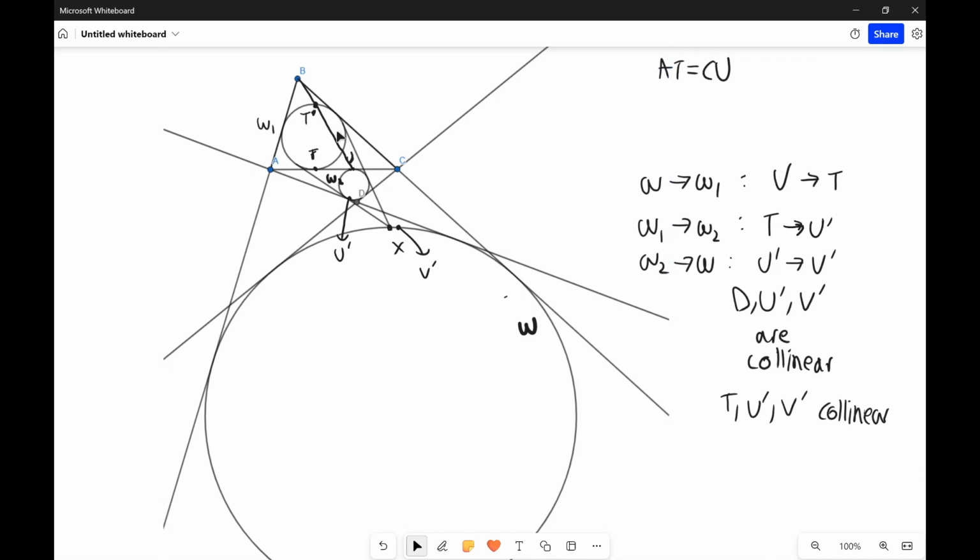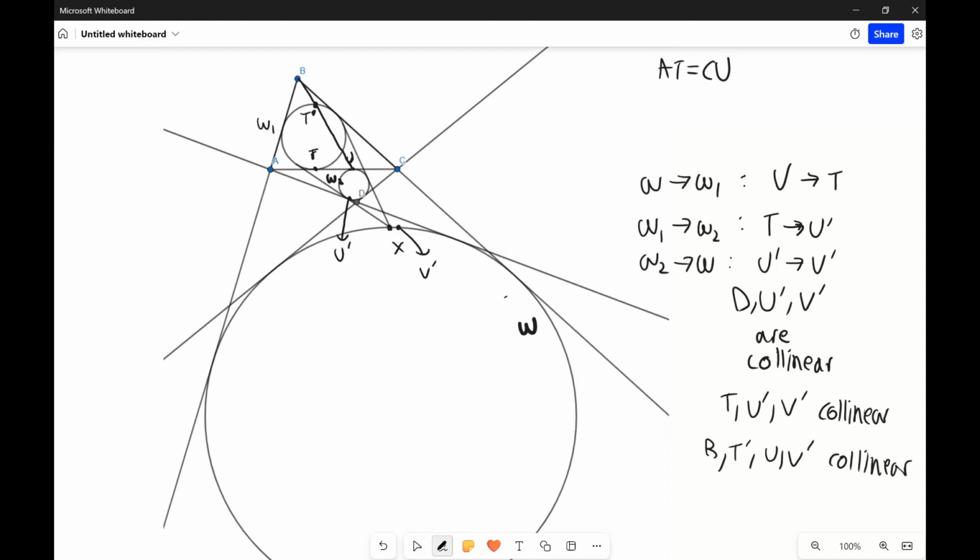Similarly, since T prime is sent by a homothety centered at B, mapping omega 1 to omega 2, it gets sent to the point V prime because top points get mapped to top points. We have that B, T prime, U, and V prime are collinear.